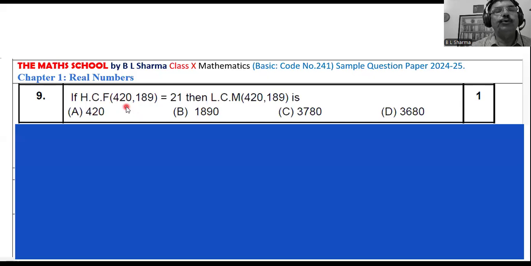The HCF of 420 and 189 is 21, and then we have to find out the LCM of the same two numbers, 420 and 189.